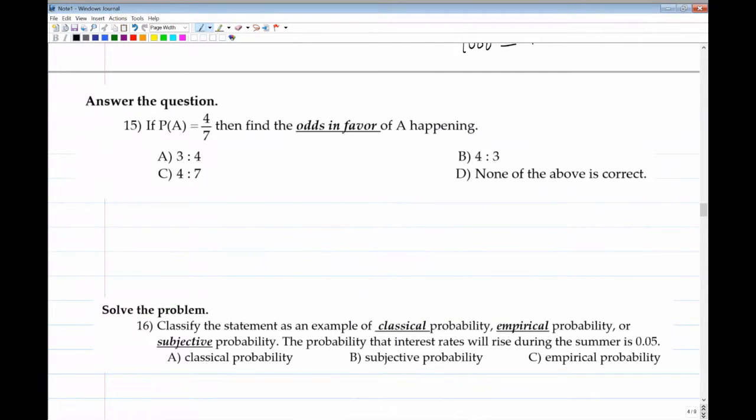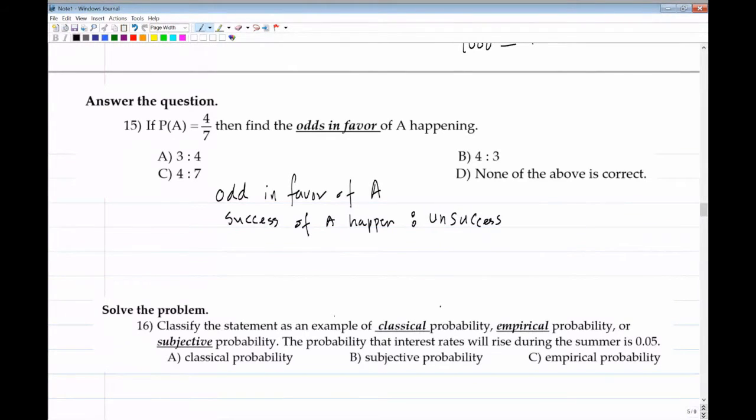One of the things we need to be careful with when we say odds in favor, let's go ahead and write this, odds in favor, basically that's in favor of A. So this is the number of successes of A can happen to the number of failures, the unsuccesses, or the number of failures.